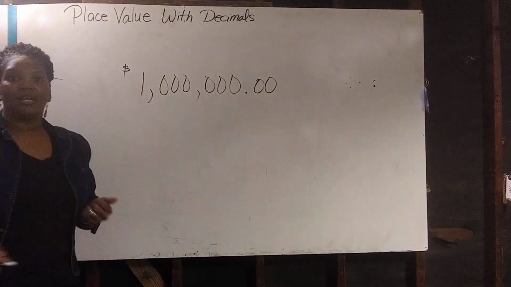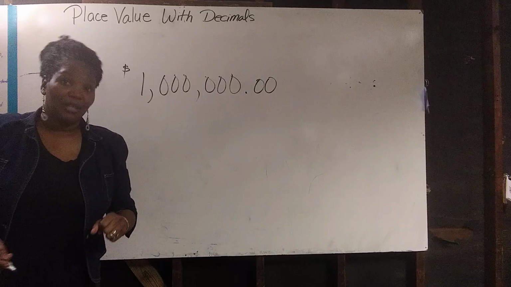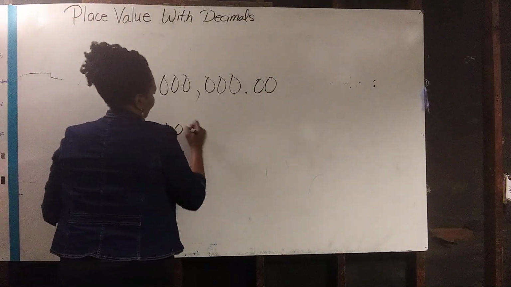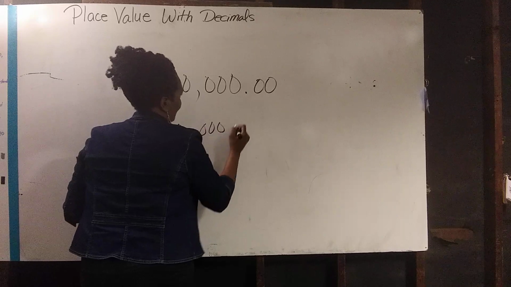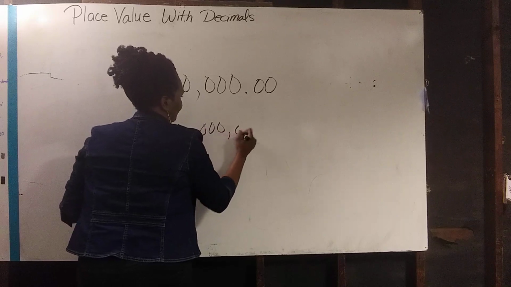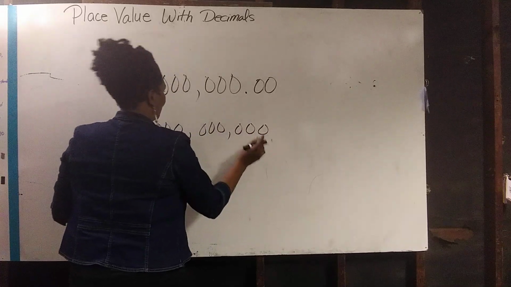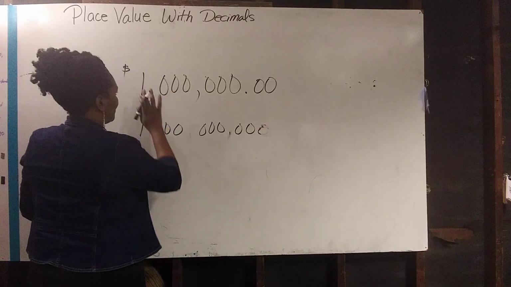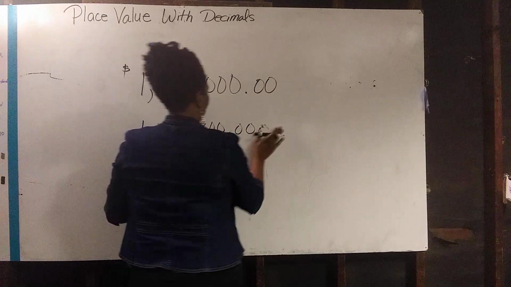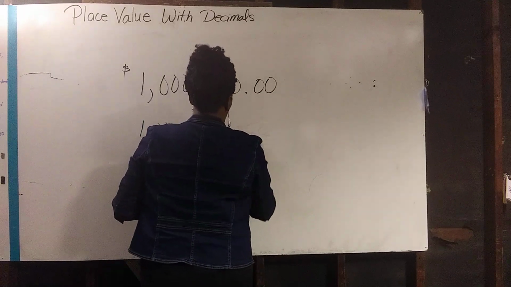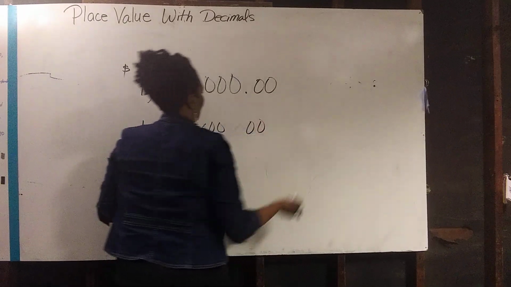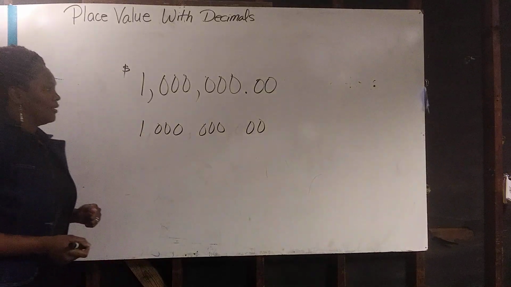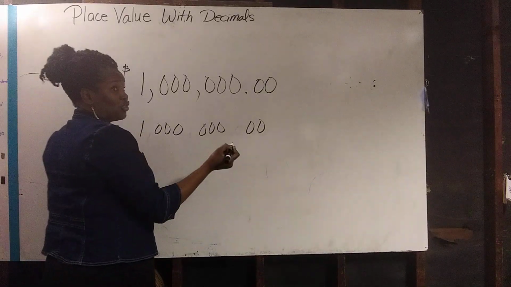Okay, that's $1 million. If you don't know your place value, somebody can say, oops. No, somebody can do this. And if you don't know your place value, they can write you a check.